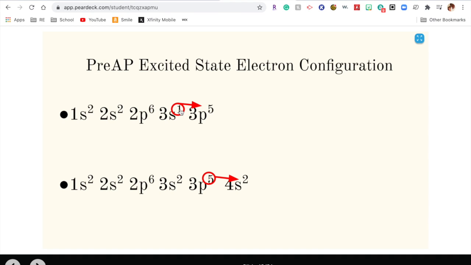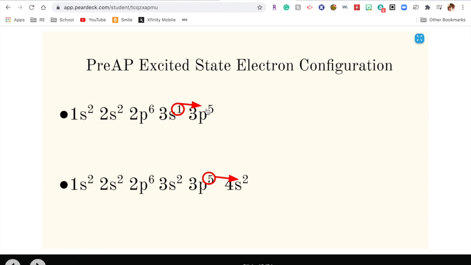And the reason why it's a 1 is because the other electron from this sublevel moved to our P. So now, instead, this was 4p, but now it's 5p because the electron from here moved up.